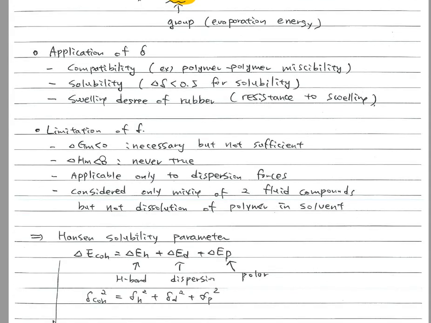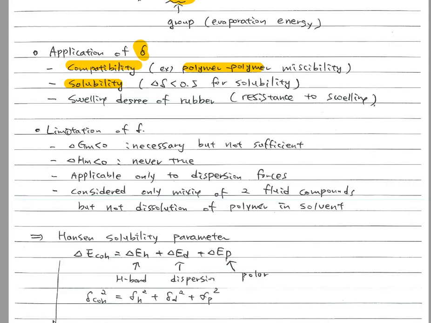And if you know the value of delta for solvents and polymers, you can determine the compatibility, right? If polymer and solvent have similar delta values, they tend to dissolve in each other. Compatibility, solubility. Compatibility could also mean different polymers, right? If two different polymers have similar delta values, they tend to mix with each other without phase separation.